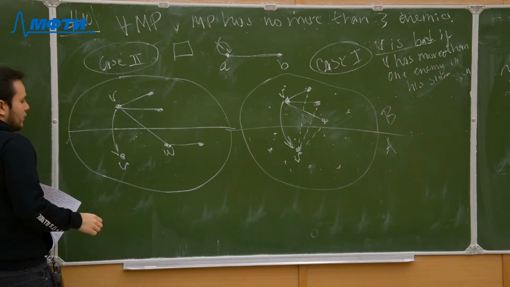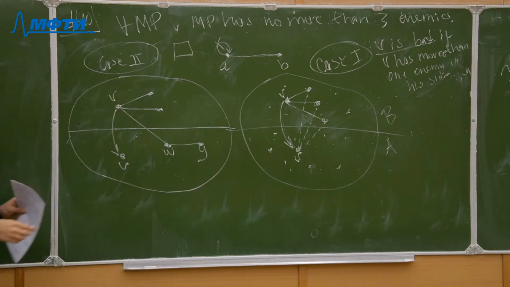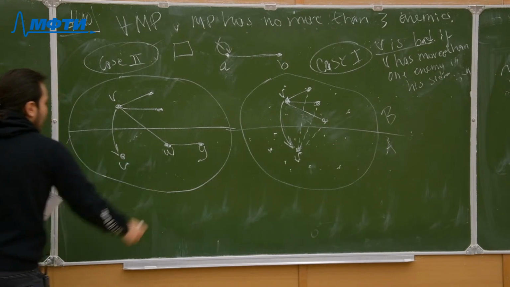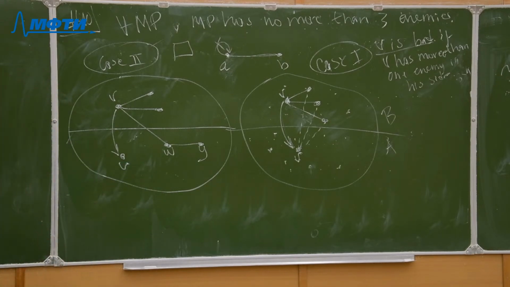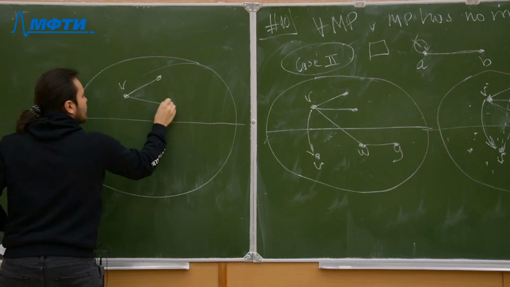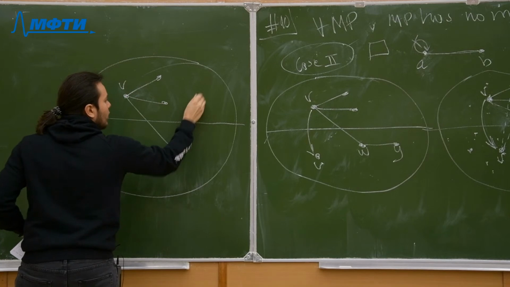Let's call it, I don't know, Y. This is going to be one case, and the other case, let me do that here. We have this V with 1 and 2, W, and Y is here.